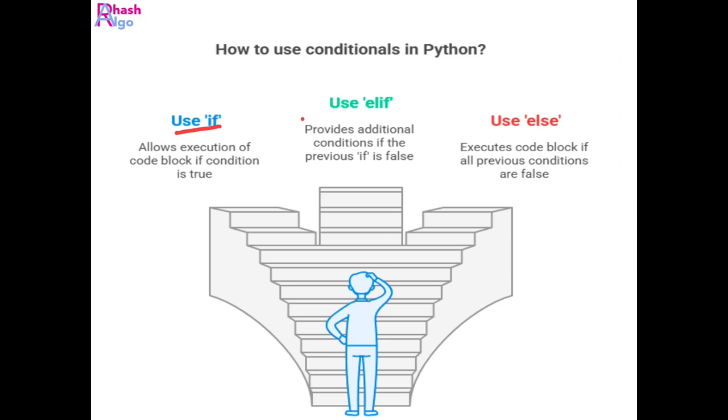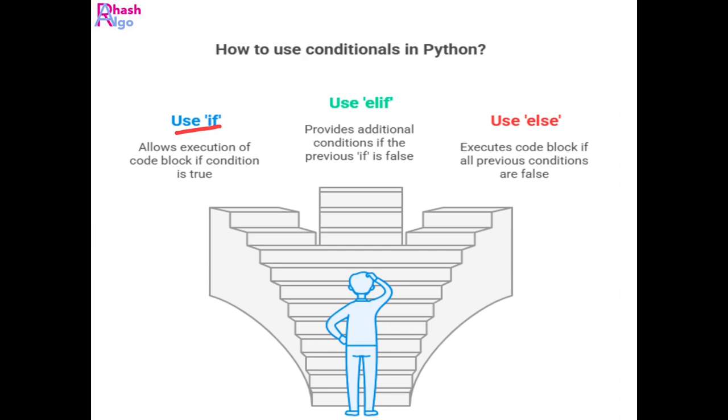nothing but else if in other programming languages. This is basically providing an additional condition check if the previous if condition is false. Let's consider that if and else if are both false, then what happens? We will be using the else condition, which will be the final check.